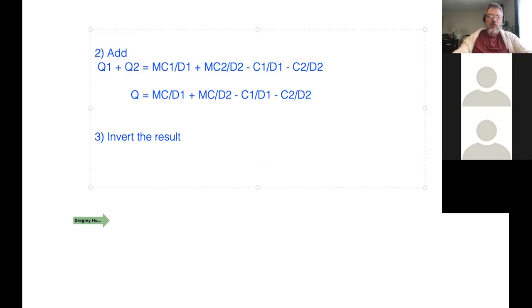I will get you started. You want to end up with MC equals something, and it's going to be a function of Q on that side. Now I'll give you a chance, and it's just a little bit of algebra.